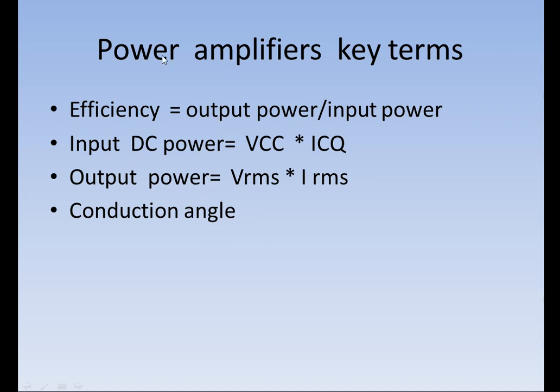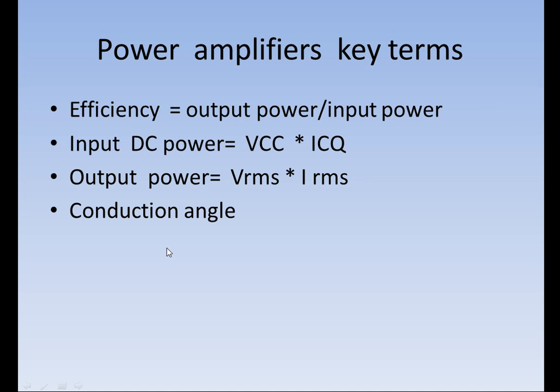Efficiency is defined as output power by input power. We should also know the input DC power consumed by the power amplifier, which is nothing but VCC into ICQ. Similarly, output power is calculated from the RMS values of the output voltage and current.